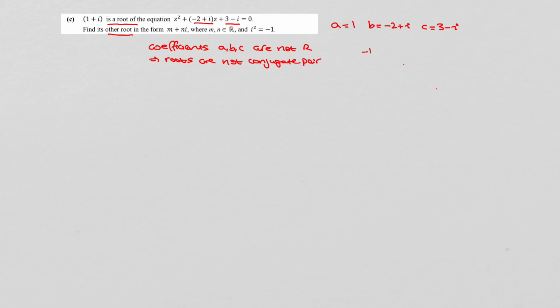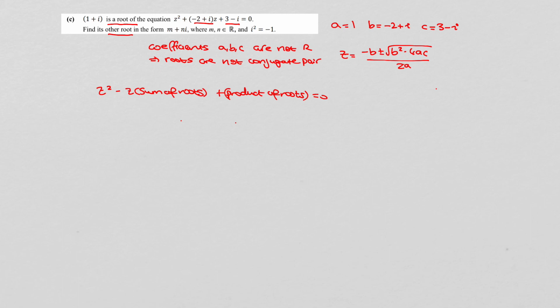And you can use your minus b formula and solve for z. And you'll get 2 roots. One will be 1 plus i, and the other will be the second root. The other approach is to remember that we have z squared minus z times the sum of the roots plus the product of the roots is equal to 0, is how we form our quadratic.